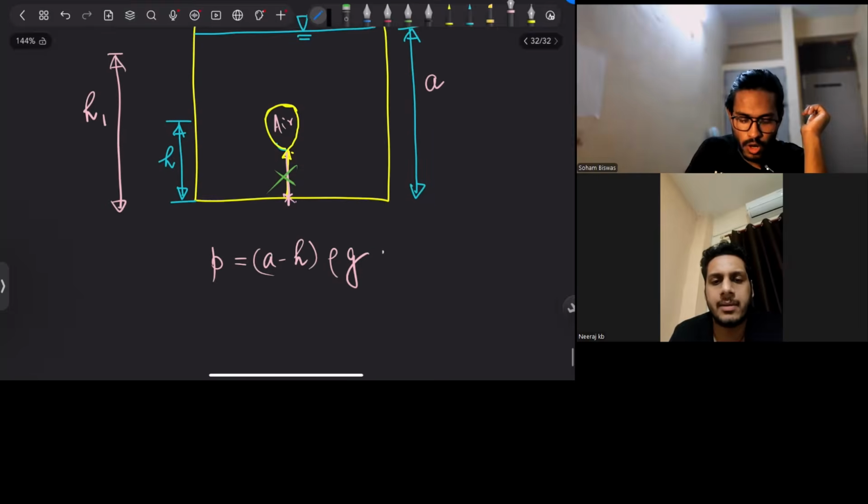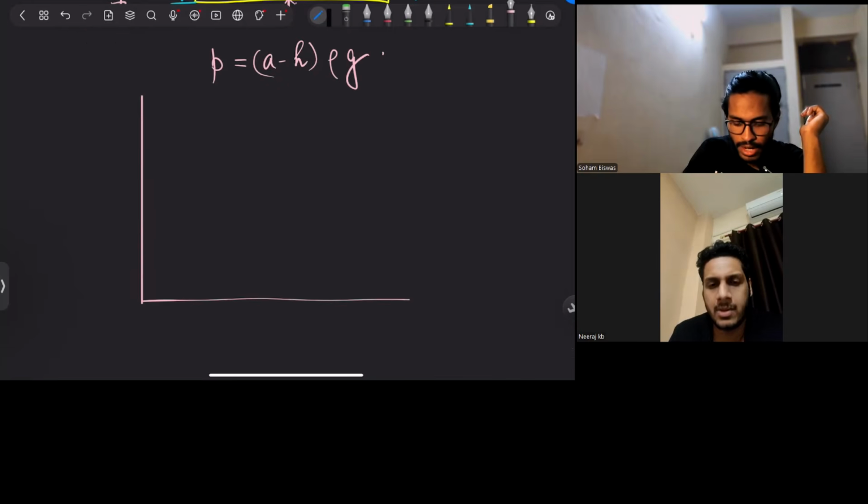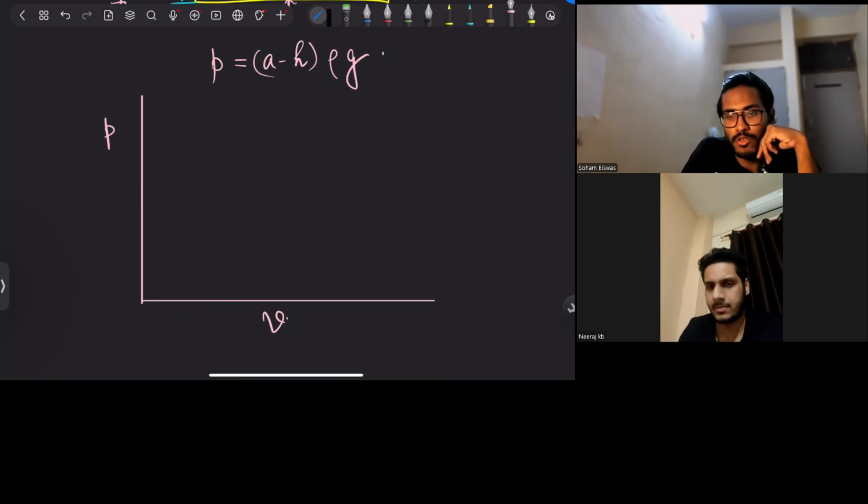Draw the PV diagram of the air inside the balloon from h1 to h2. Draw it and show me.